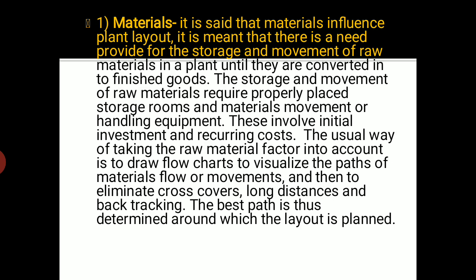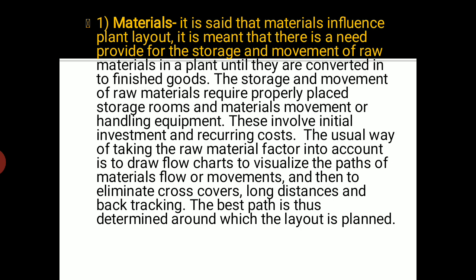If you want to have some kind of output, definitely you should have the materials there. Raw materials are the basic ingredient of any production, and they need storage. They need a path to pass from the raw stage to the final stage, and that is why they have to be considered and understood properly.